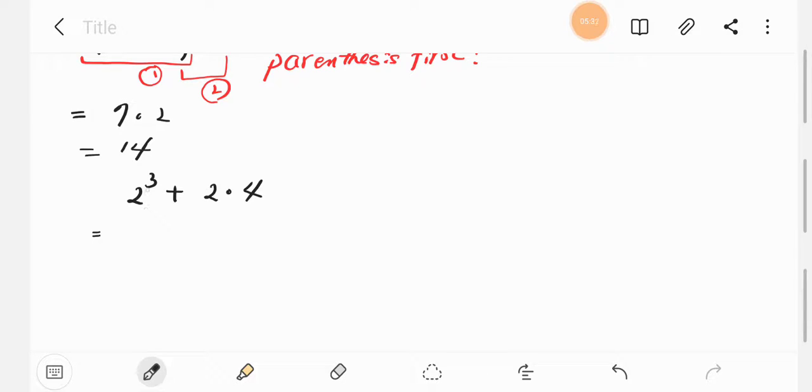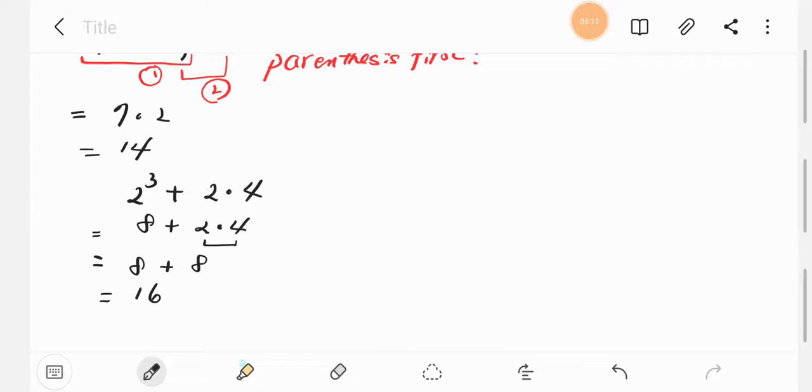So 2 cubed is 2 times 2, which is 4, and 4 times 2 is 8. So that is 8 plus 2 times 4. This expression contains addition and multiplication, so multiplication first. So 8 plus 8, and the answer will be 16.